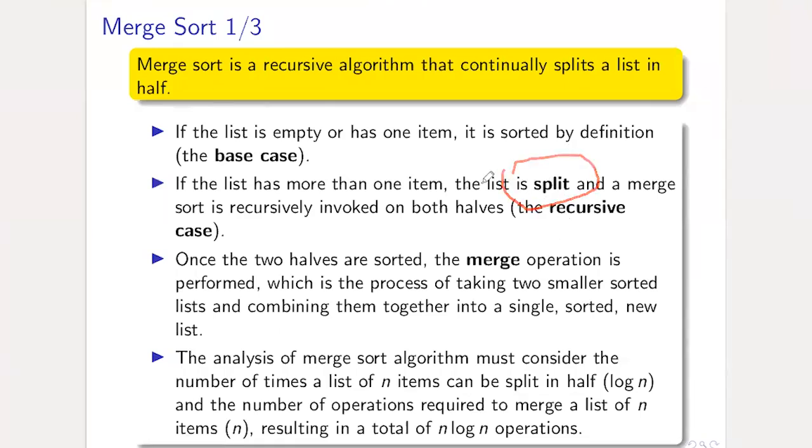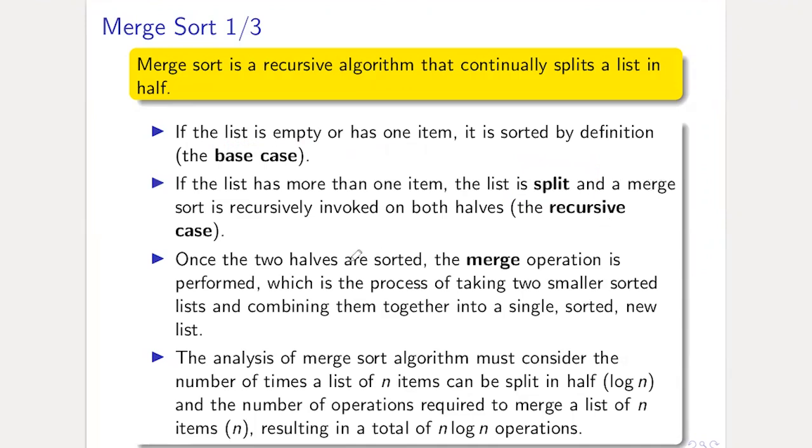Okay, and once you have got to a sorted scenario, so that would be either the list or sublist is empty or has only one item, then you start to back up and do the merge. Okay, do the merge.